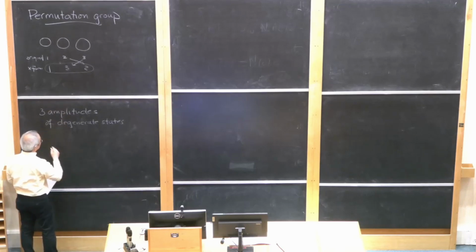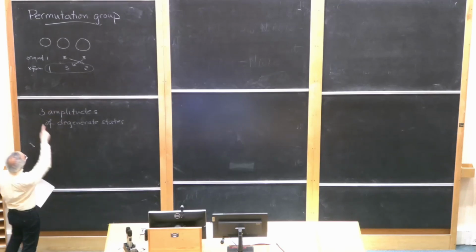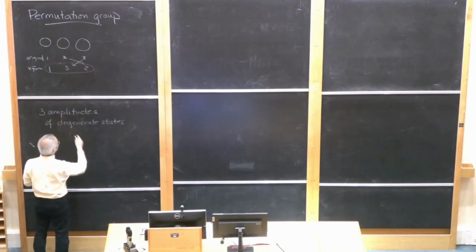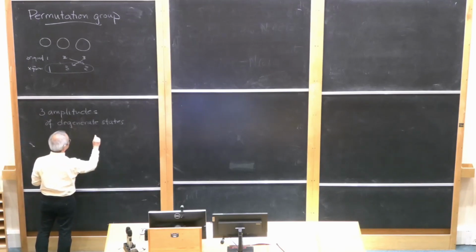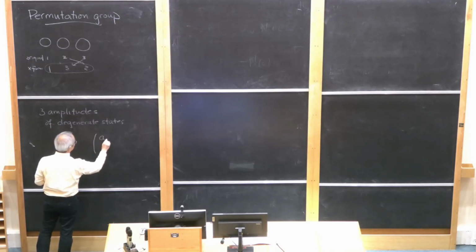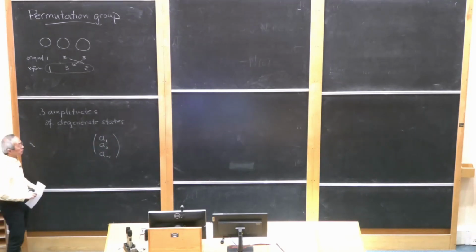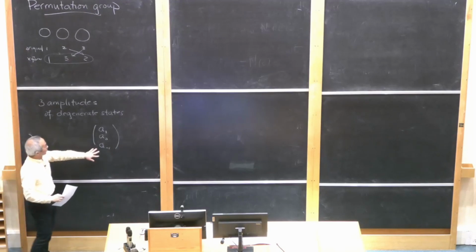So in this case, instead of thinking about physical slots where you put stuff, you'll just put a complex amplitude in here. We'll use somewhat suggestive notation, actually, which we'll see a little bit later.